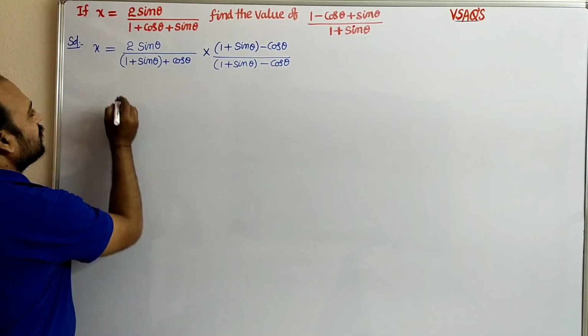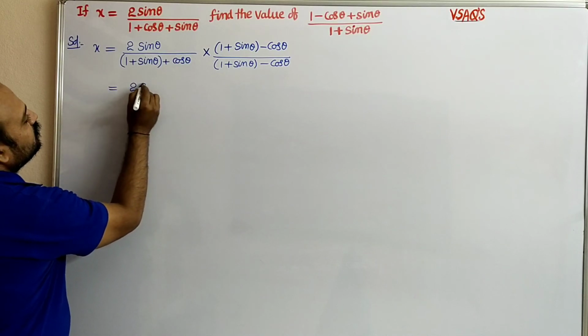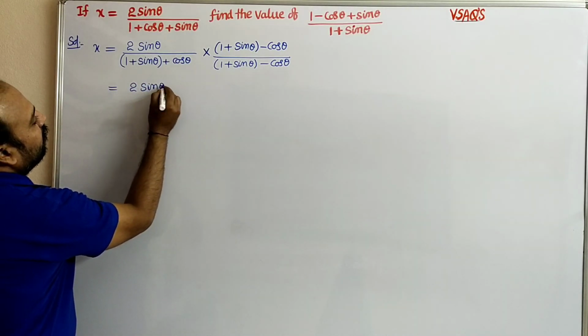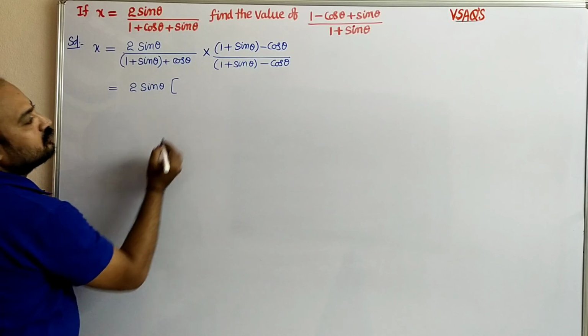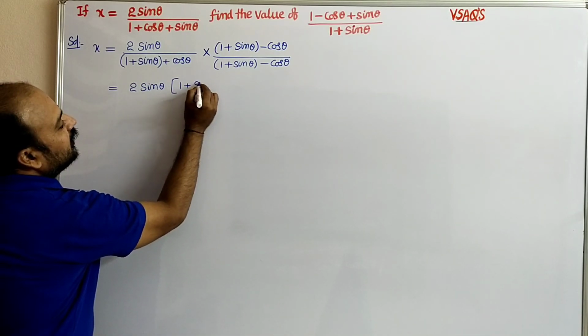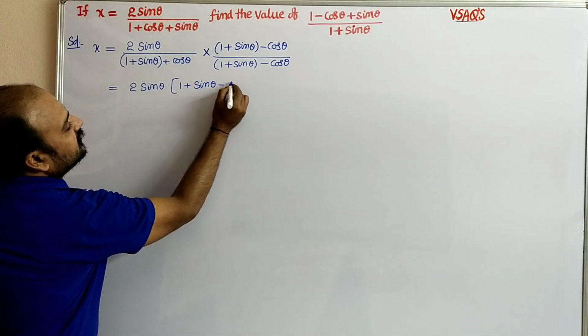So in the numerator, 2 sin theta, keep bracket, 1 plus sin theta minus cos theta.